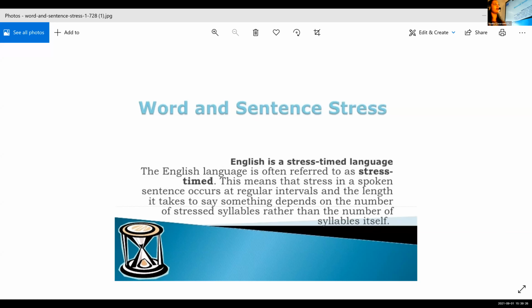I don't say it fully, as that would take a longer time. But in stress, I squish that, so the time interval between 1 and 2 and 3 and 4 is the same. Got it?